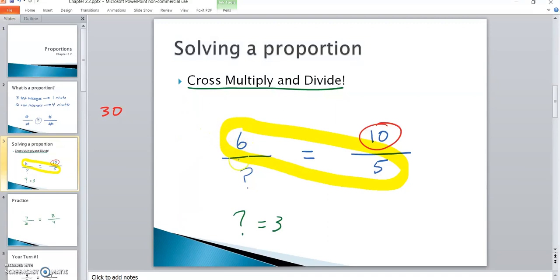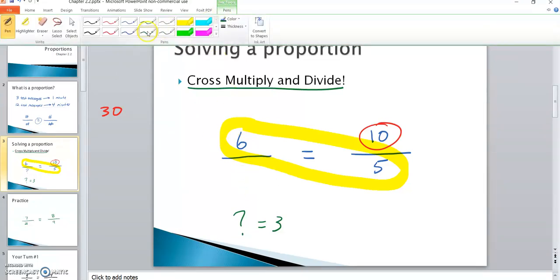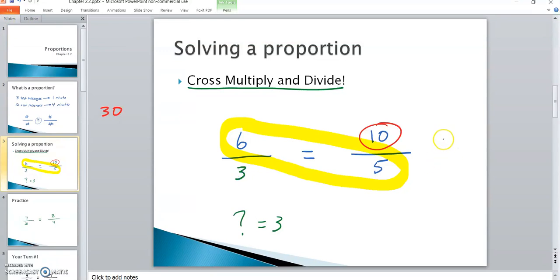Okay? So that makes sense because if we look at this, 5 goes into 10 2 times, just like 3 goes into 6 2 times. But let's try another one here.